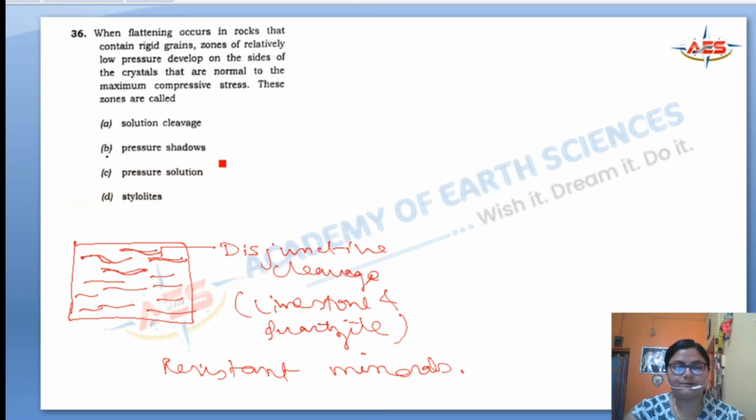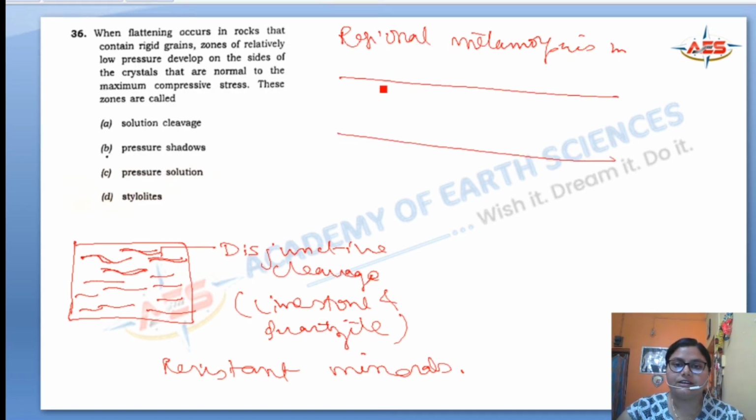What is pressure shadow? Pressure shadow we generally find in the case of regional metamorphism, where the porphyroblasts are oriented along the sigma 1 direction.